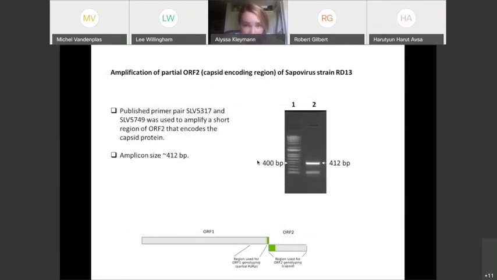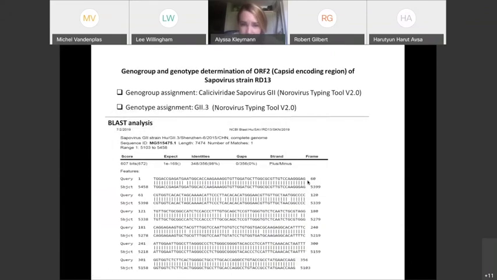And to further genotype this strain, instead of the MON primers, we had to use a different set of published primers that are used to amplify a short region of the ORF2 that encodes the capsid protein. And the amplicon size is about 412 base pairs, which is what we saw. We confirmed with BLAST analysis, and it was decided that RD13 was a genogroup 2, genotype 3 sapovirus strain.